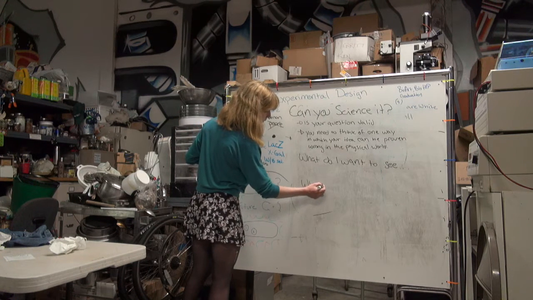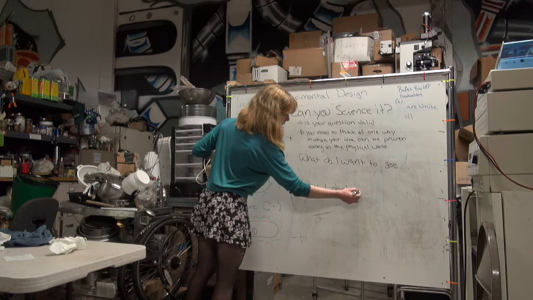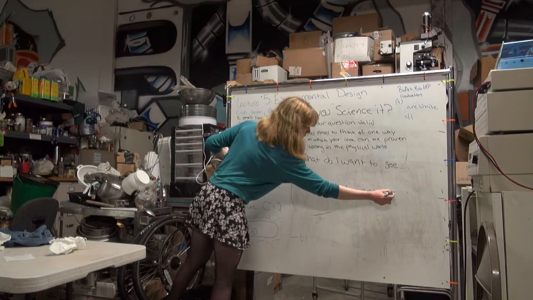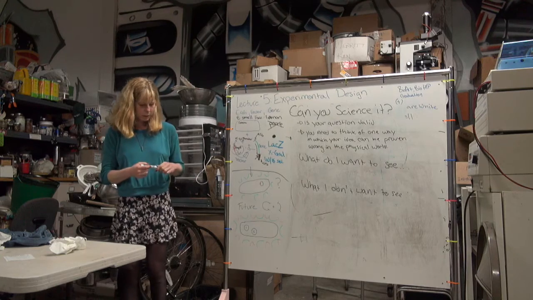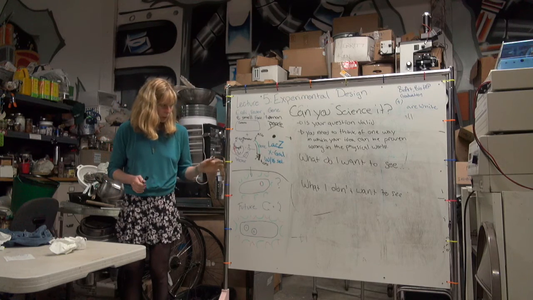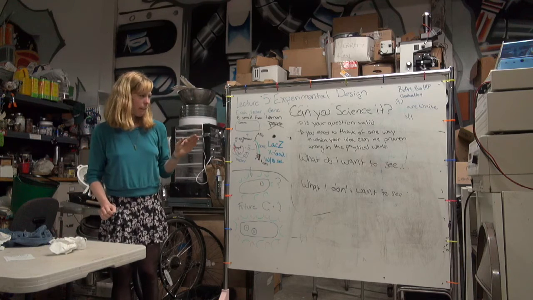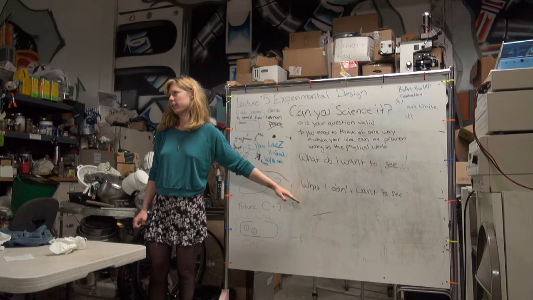What I don't want to see. So this is all of the stuff that is not seeing colonies, right? You want to think about explanations as to why you may not be seeing what you want.